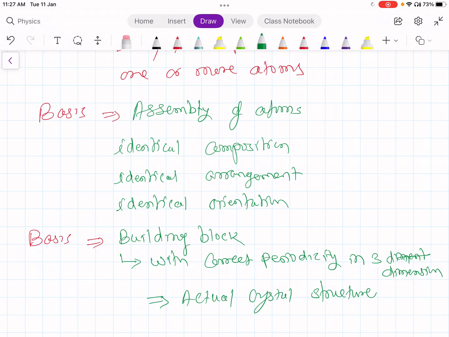So, from the imaginary concept to the actual crystal structure. Let me show the diagram for this.